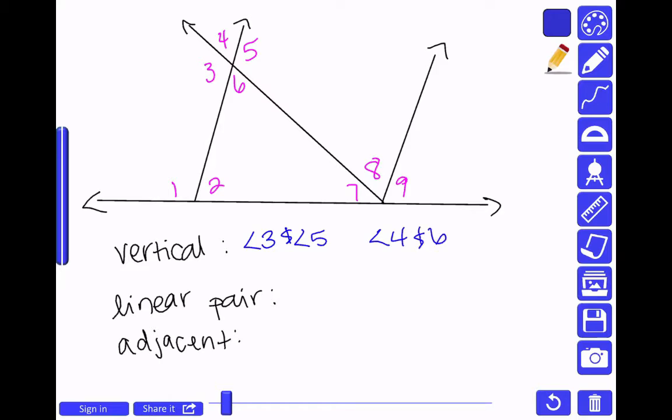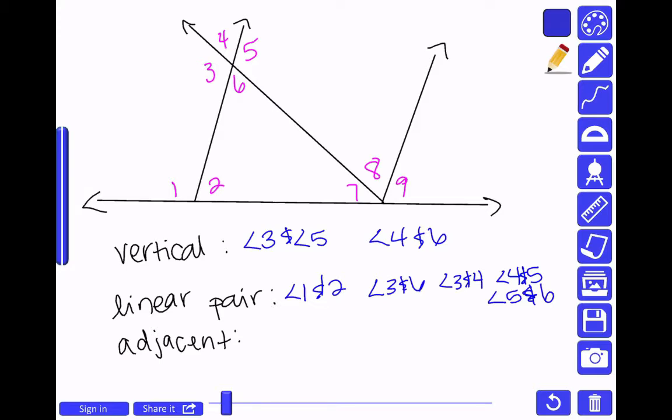I do not see any other vertical angles. For linear pair, angle 1 and angle 2 are a linear pair because they are supplementary and adjacent. Also angle 3 and 6, angle 3 and 4, angle 4 and 5, and angle 5 and 6.